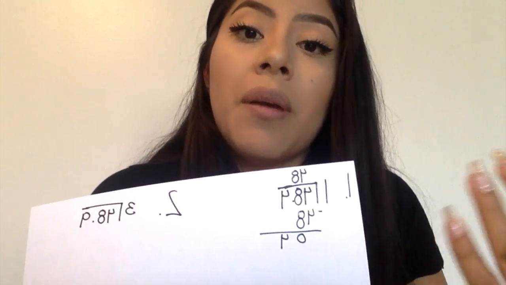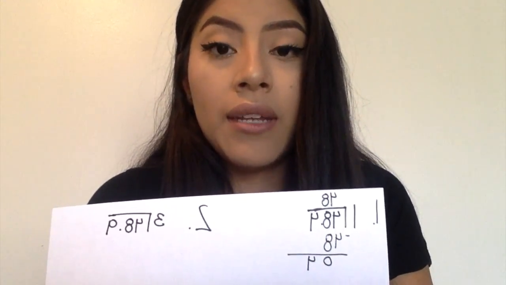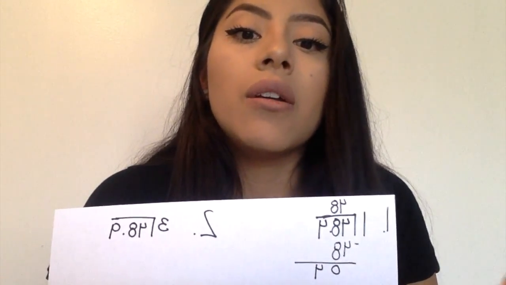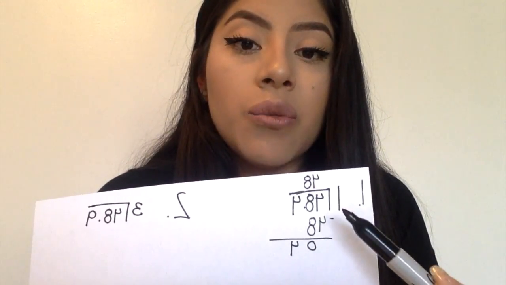Okay, let's not yet worry about our decimals. Let's worry about our numbers and getting them to all zeros, and then we will worry about where the placement of the decimals go. So now we have a 4 down here and a 1 up there. How many times does 1 go into 4? 4 times, perfect. Again, remember, any number divided by 1 is itself. So we have 4.